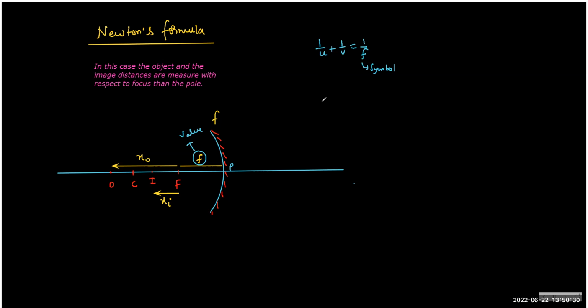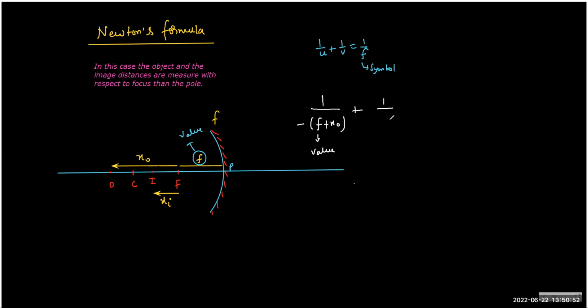So, okay, let's write u. What is u we can write? u we can write as minus f plus x naught. I hope this is clear. And this f is the value, just the numerical value.